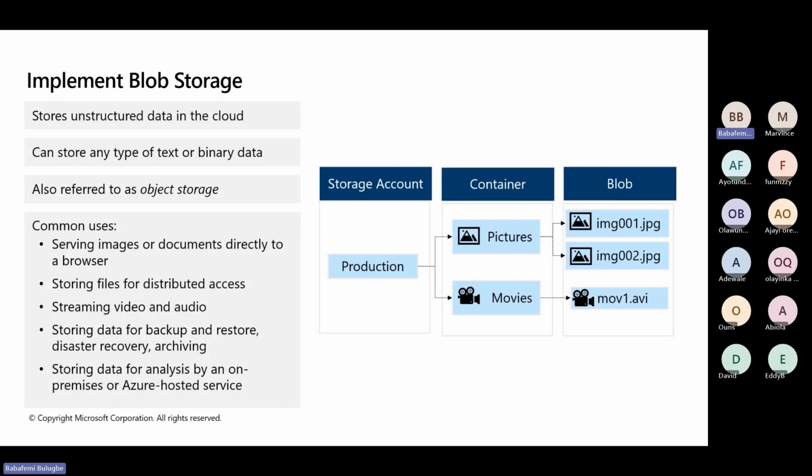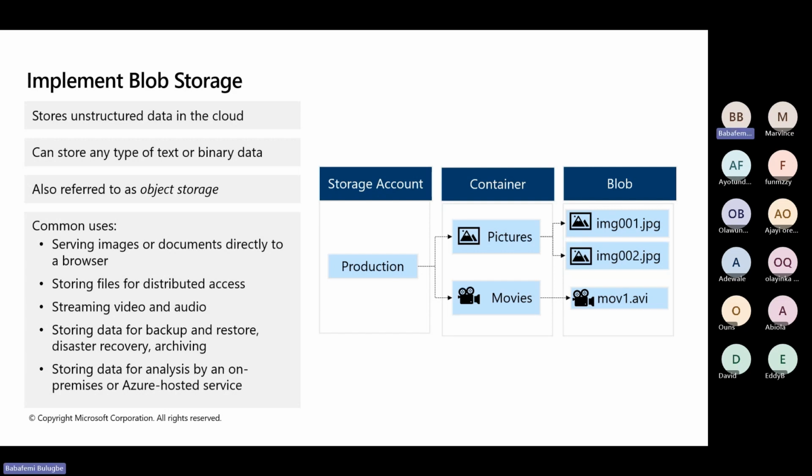So when we talk about blob storage, I explained that blob storage is used to store unstructured data. Some of the unstructured data are images, text messages, pictures, videos.